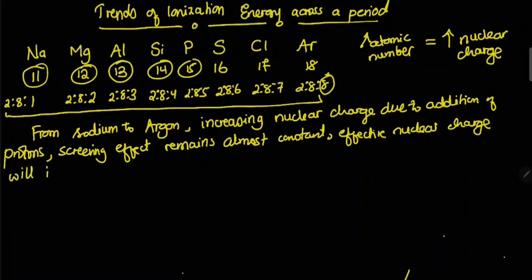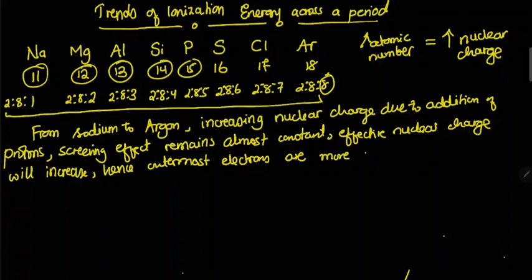Therefore, effective nuclear charge will increase, and hence outermost electrons are more attracted towards the nucleus. What will this do?